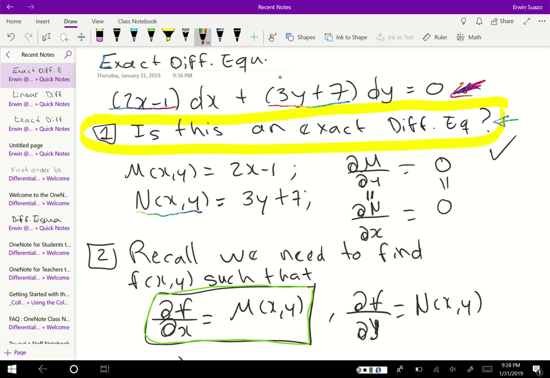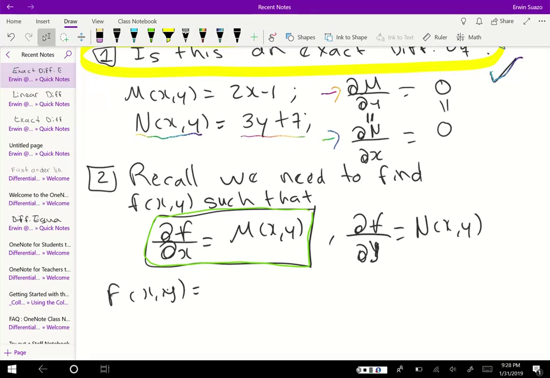That is, the derivative of M with respect to y equals the derivative of N with respect to x. In this case, the derivative of M with respect to y is 0 because there is no y over here, right? And over here, the derivative of N with respect to x is 0 because there is no x. So that's why 0 equals 0. Therefore, dM/dy equals dN/dx. Okay, so this is an exact differential equation.